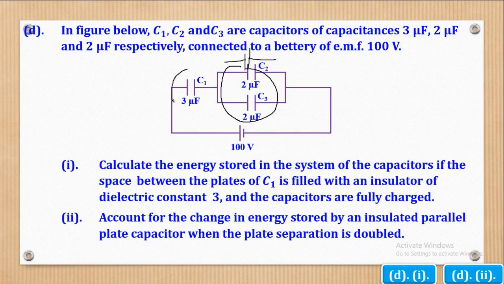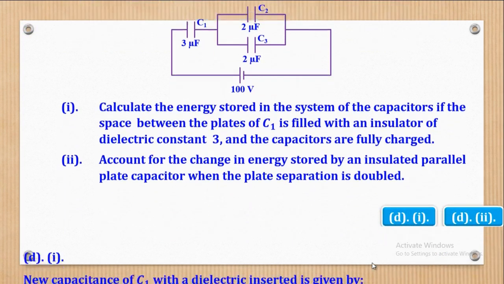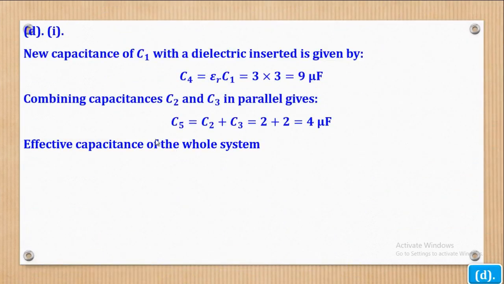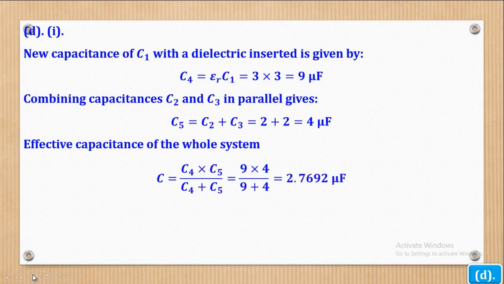Now I have this capacitor C4 and this capacitor C5, which are in series. So two capacitors in series are got by product over sum. Therefore we shall come here now on our calculation and say that the effective capacitance will be equal to product over sum, which will give you 2.7692 microfarad.